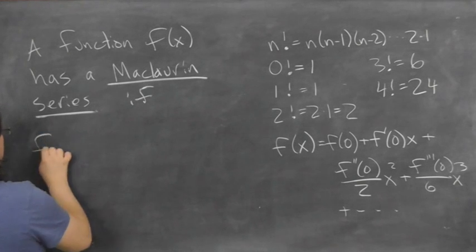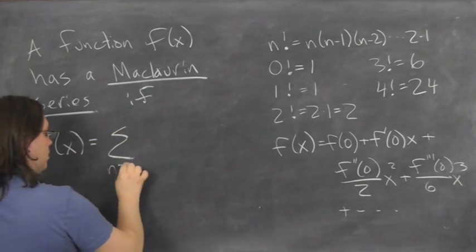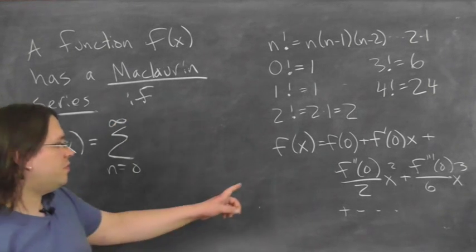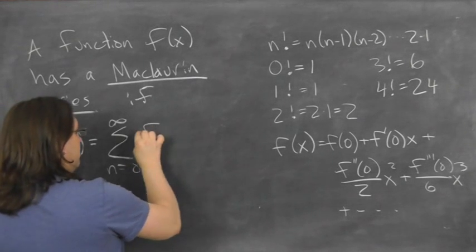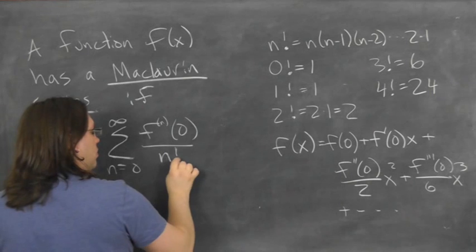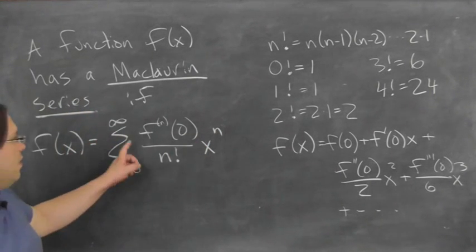So if f of x is equal to the sum from n equals 0 to infinity of terms that look like this. So what do these actually look like when we write it out in summation notation? Well, there's an x to the n. That's the easy part. And then we have this expression here.